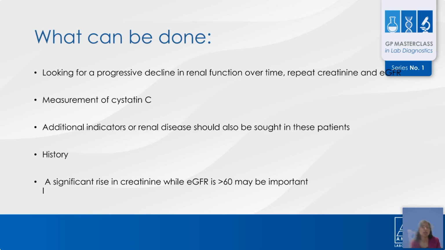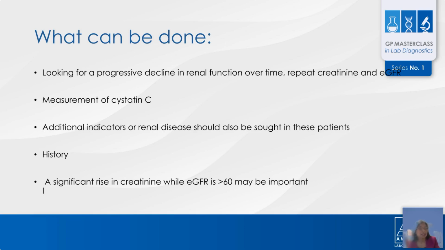We can also look at additional indicators, so renal disease markers should be sought in some patients. That is, we can look at our urine analysis for blood and protein, our urine microalbumin levels. We also can get family history in patients who have family history of renal disease, in patients using certain medication.